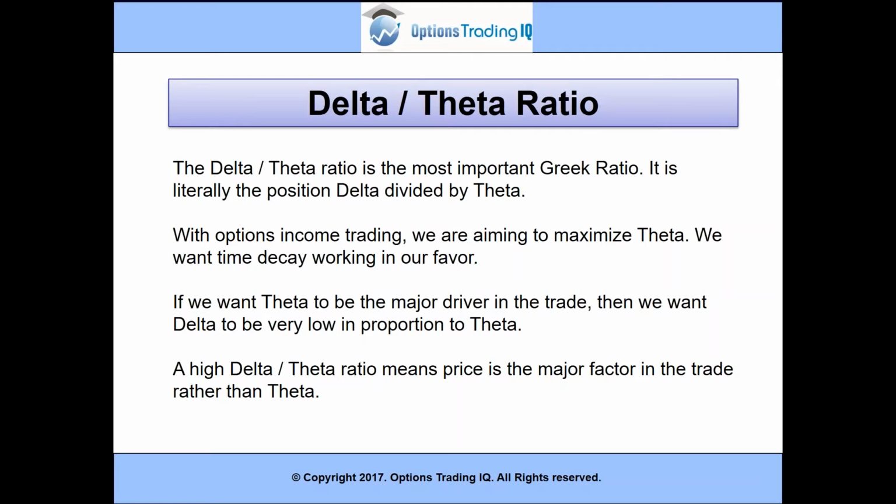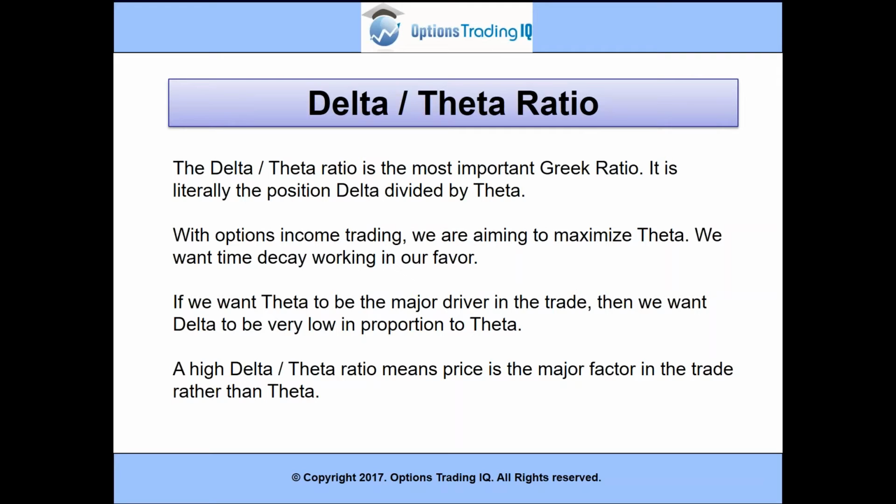So if you're a neutral trader, you're trading iron condors, at the money butterflies, even the trapdoor trade that I use. If you're sort of a neutral trader, short strangles even, you want theta to be the big driver of the portfolio, okay? You don't want delta to be the big driver. If you've got delta as the big driver, you've got a big directional exposure. You're becoming more of a directional trader.